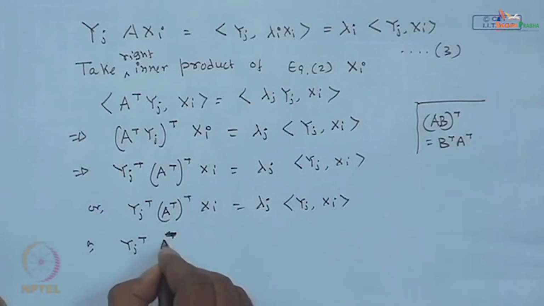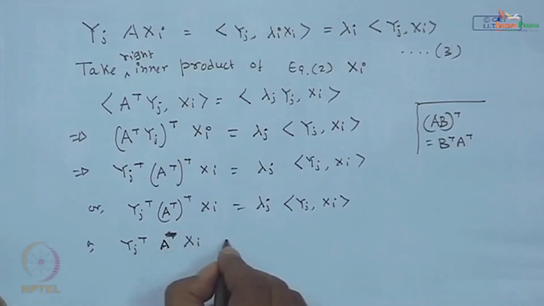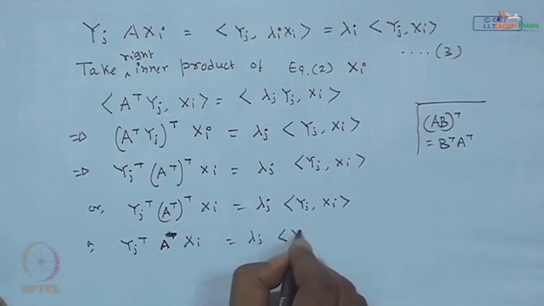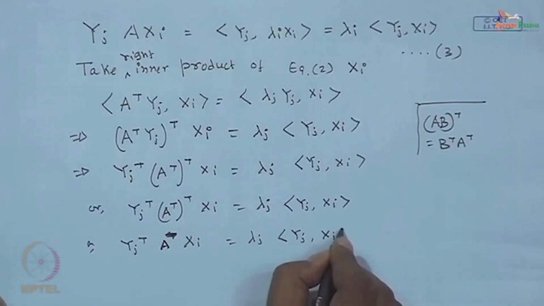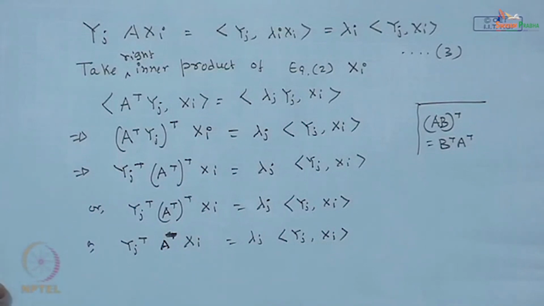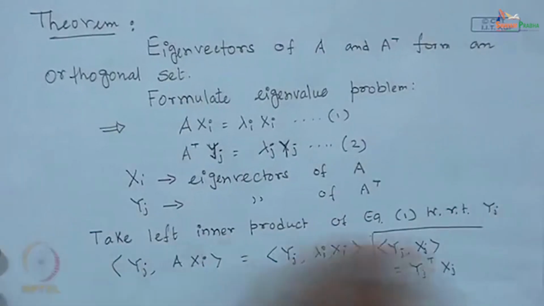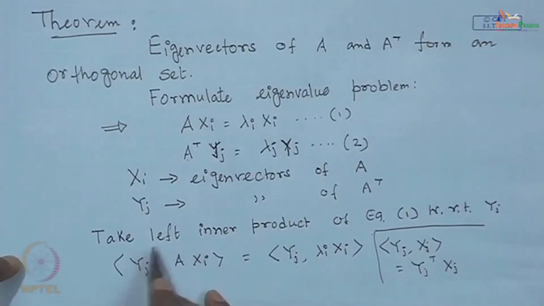So, it will be y j transpose A x I is equal to lambda j y j comma x I.